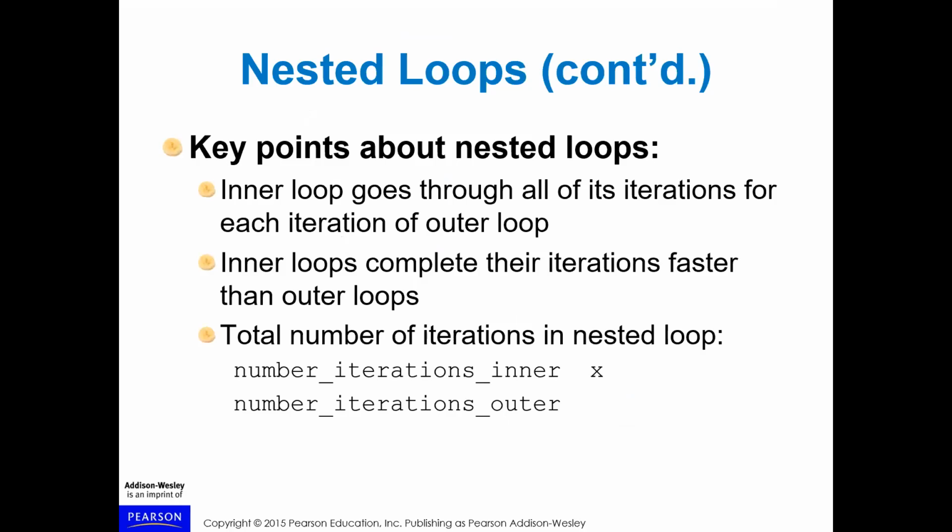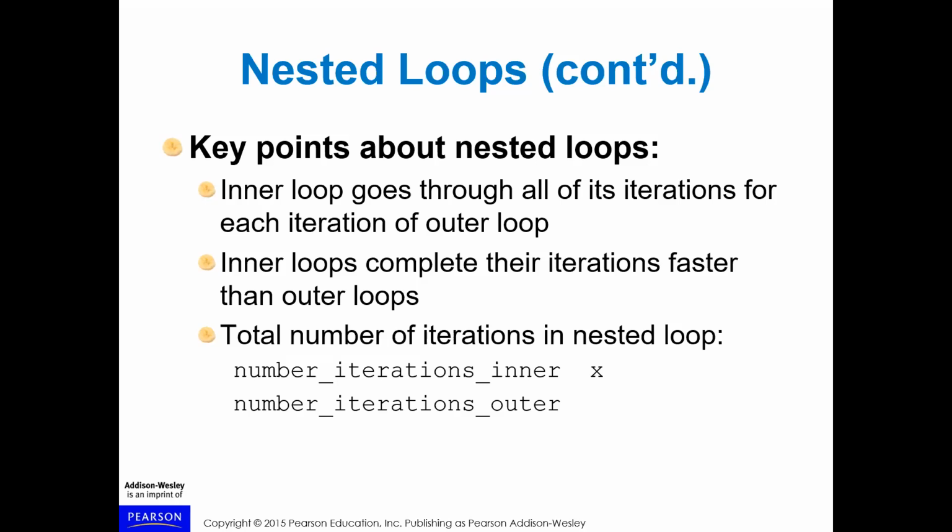Nested loops, key points about nested loops. Inner loop goes through all of its iterations for each iteration of the outer loop. That's true. So you start one iteration of the outer loop, and then the inside loop will execute all of its iterations before you move to the next iteration of the outer loop.